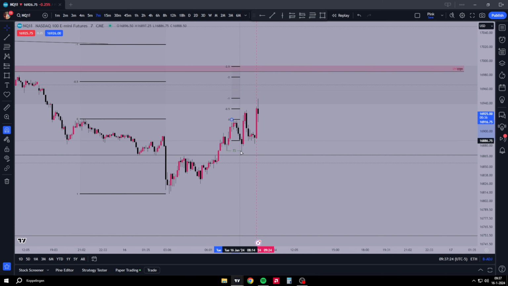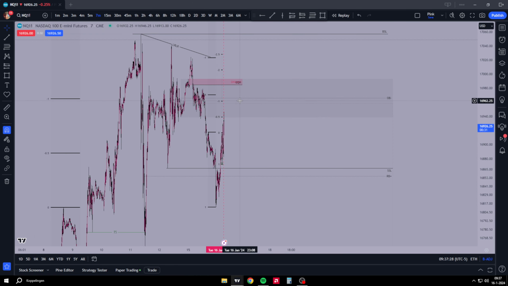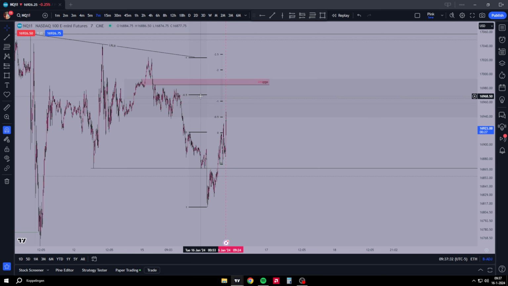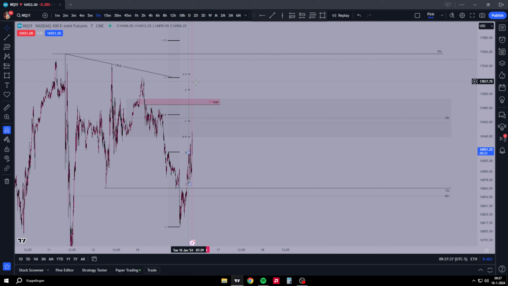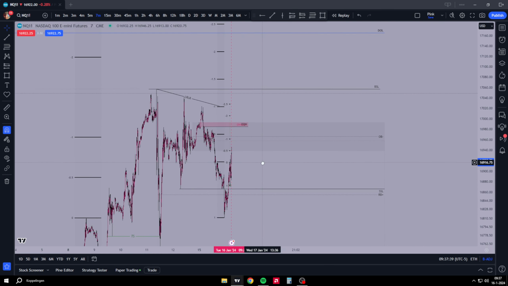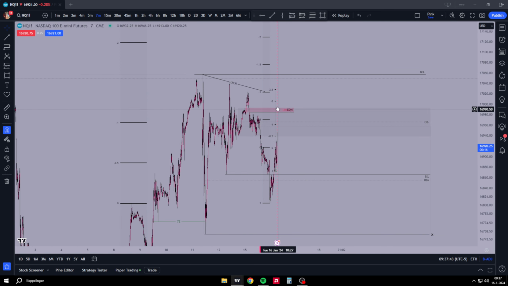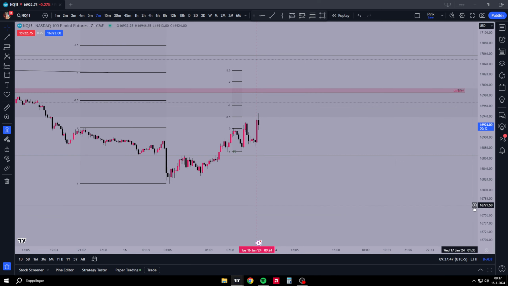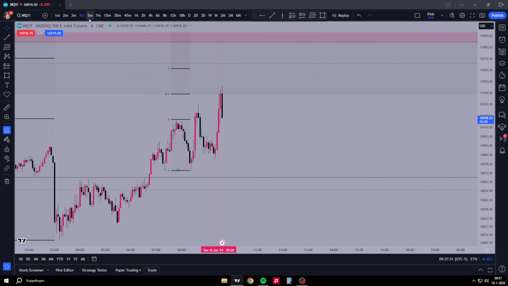And this is the same. -1 brings us in the order block mean threshold. -0.5 brings us in the order block mean threshold, which is an easy target. -2, -2.5 brings us strong liquidity. Yeah, we'll see what happens, basically. This could be our Judas swing still.